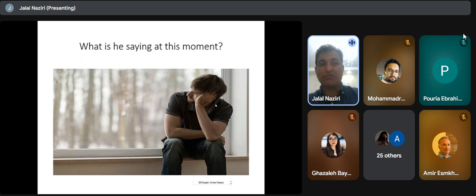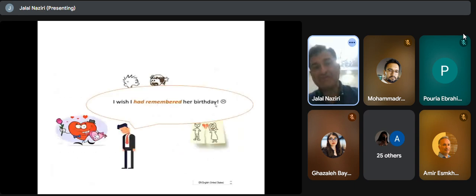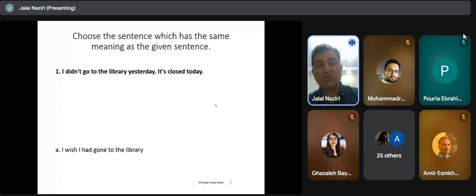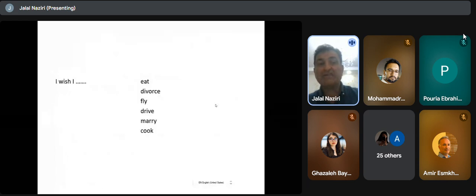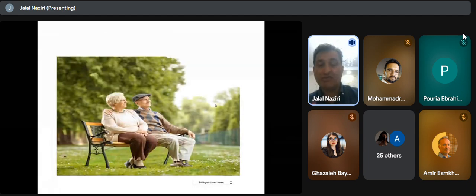Then as soon as I said I wish I hadn't forgotten her birthday, it means the study part begins. Until here is the study part, and from this part on is the activation part. Activation number one, which is less free, then activation number two, and maybe activation number three.